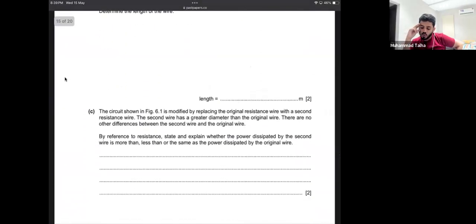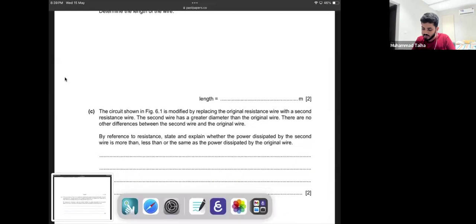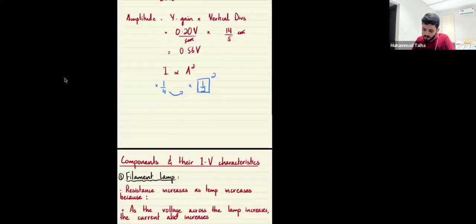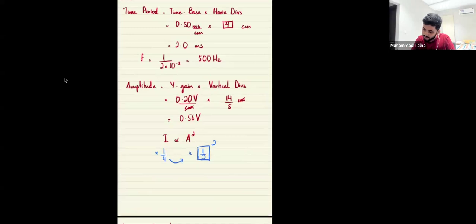So it says the current shown in 6.1 is modified by replacing the original resistance wire with a second resistance wire. All right, let me take a screenshot because I need to write here.